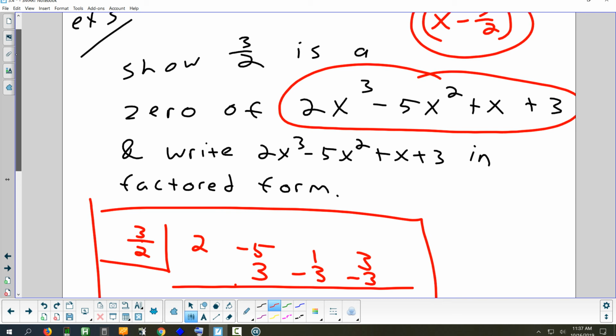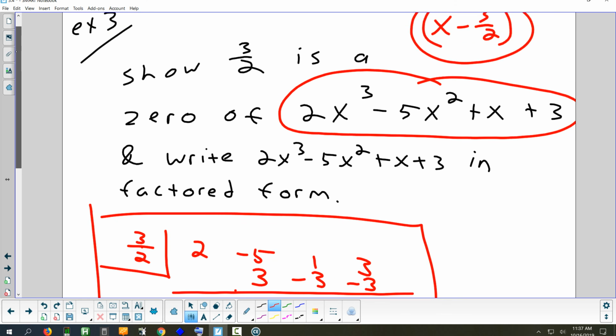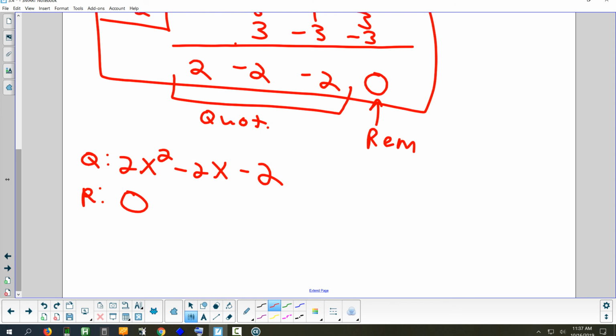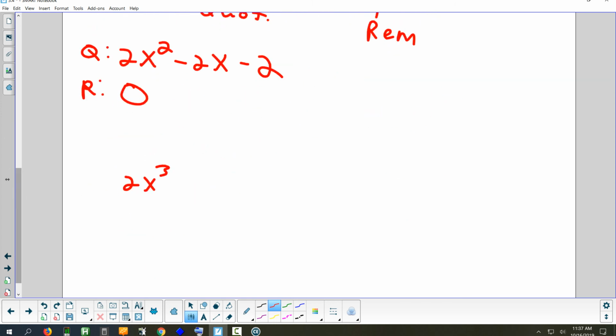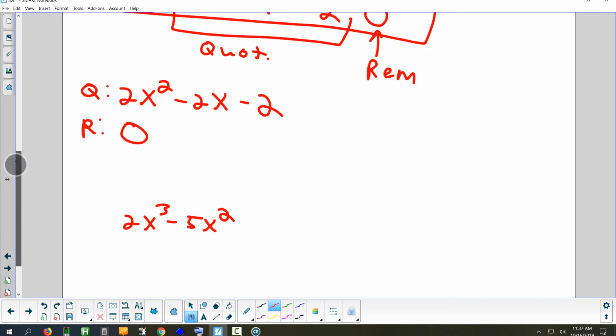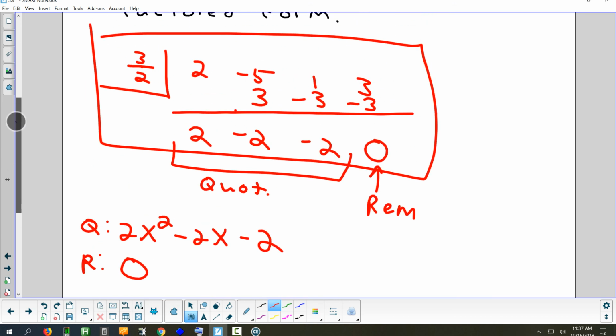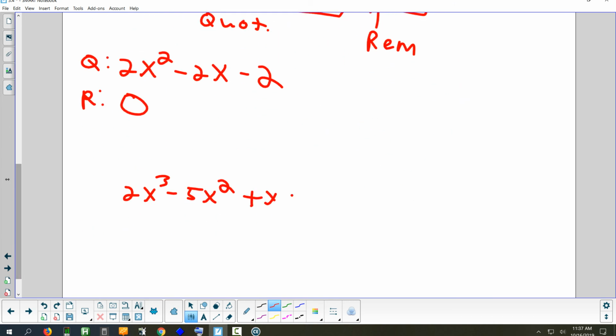So we've done what they wanted. We showed that 3/2 is a root by showing x minus 3/2 divided into my problem without a remainder. If something goes in without a remainder, that means it's a factor. So look at the original problem. What was it? 2x cubed minus 5x squared plus x plus 3.